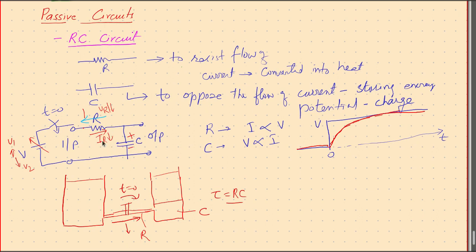So this is all possible when we are allowing sufficient time for these charges to move around, because the charges need some time. That's controlled by the resistance. The speed of the charges is controlled by the resistance, and the number of charges you need to displace to make a change in the voltage depends on the capacitance. Therefore, both together are going to decide how much time you need to give so that the output follows the input.